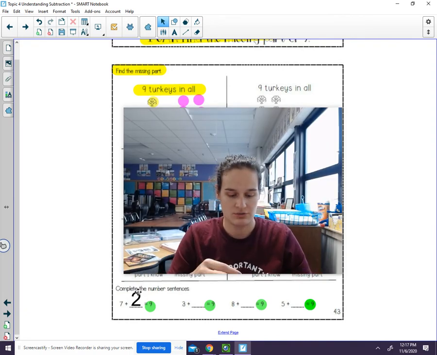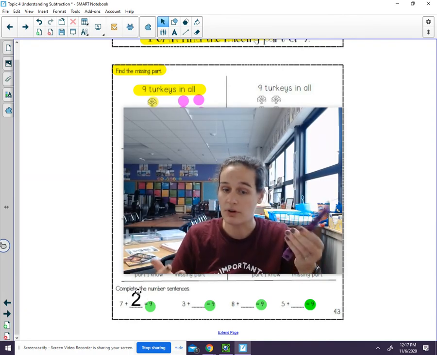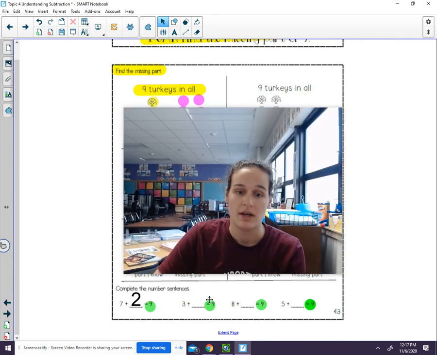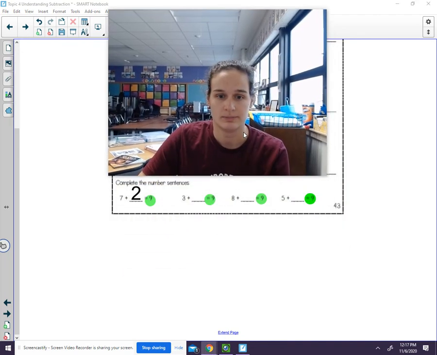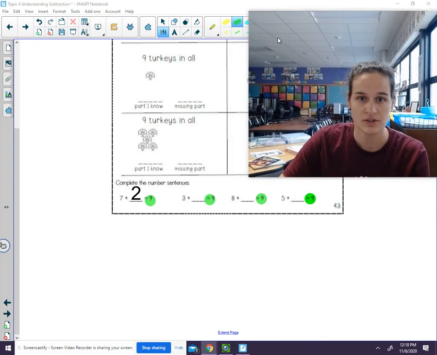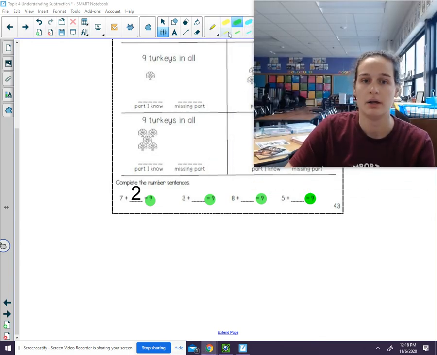A different strategy, if you don't want to use cubes or you don't have them at home, is you could draw a picture by counting on. Okay, so we need to get to 9. So I'm going to draw a picture to help. So we have 3 to start.